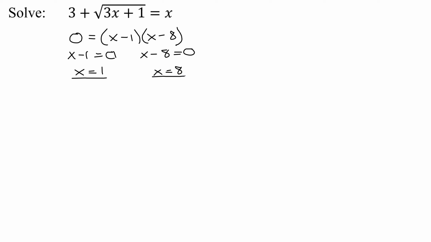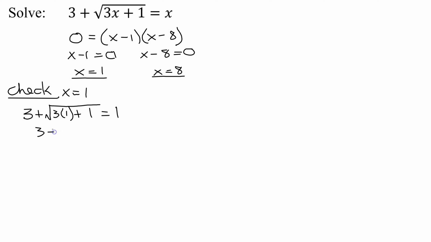Okay, so I'm not done. Remember, you must check both of your solutions because you're making sure you do not have extraneous solutions. So to start with, I'm going to check x equals 1. So I'm going to put 1 here and 1 here. So I'm going to get 3 plus the square root of 3 times 1 plus 1 should equal x, which is 1.